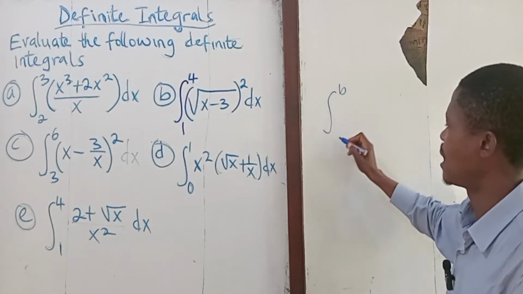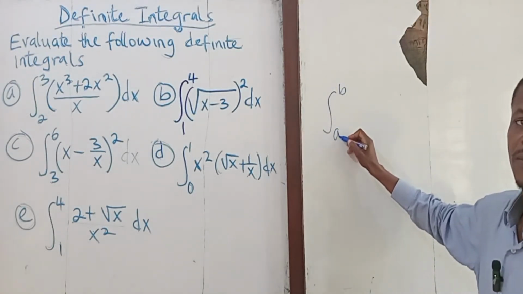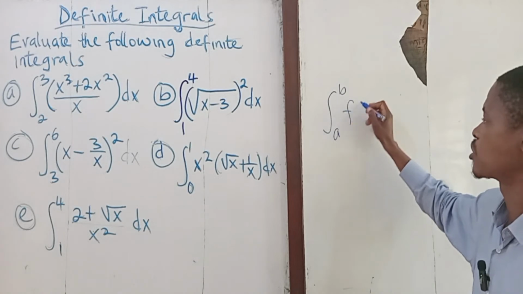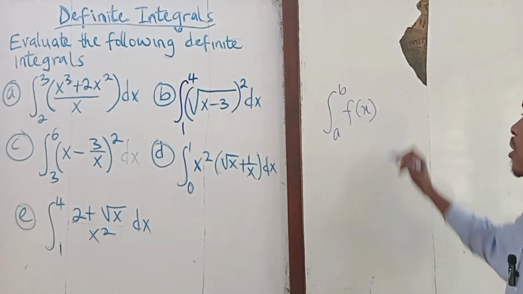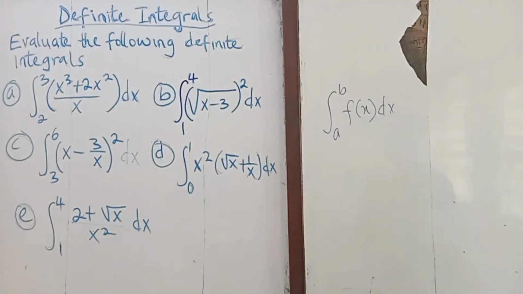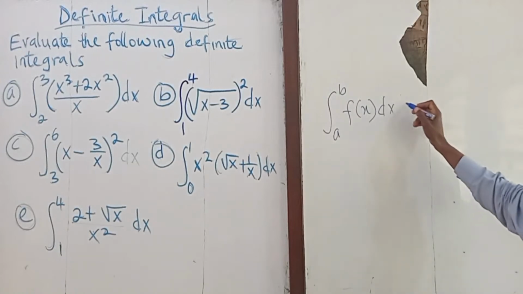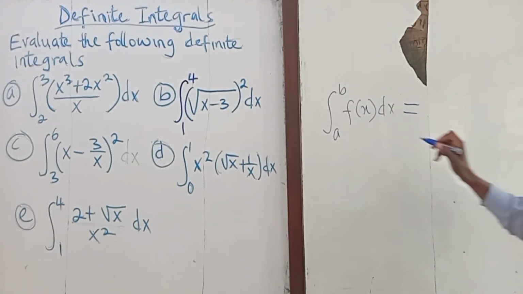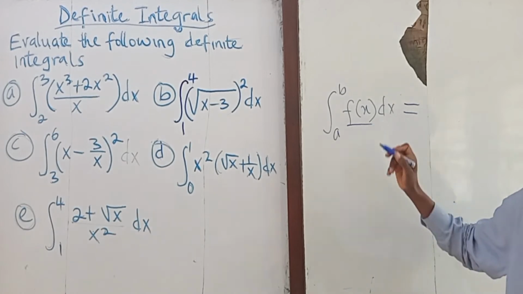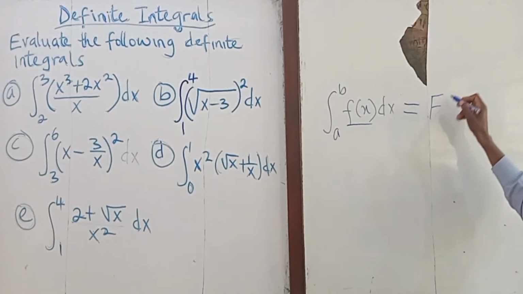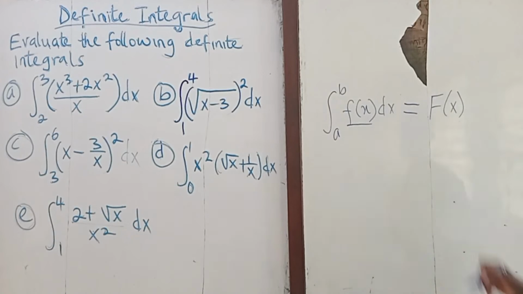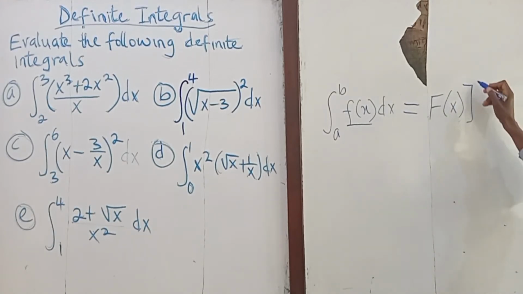Okay, if you look at the question we have, you can realize there is an upper limit and there is a lower limit. And this is your function f of x, dx. So when you integrate the function, let's assume that is capital F of x, then you begin to substitute the upper limits and then the lower limits.